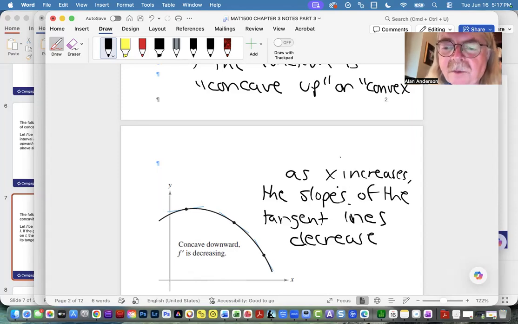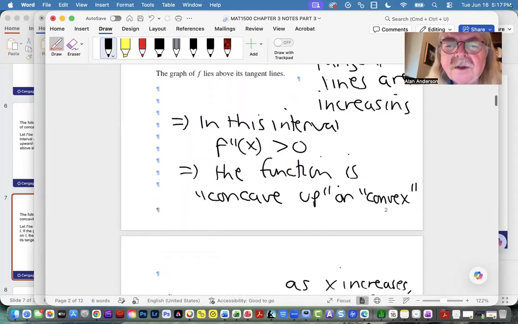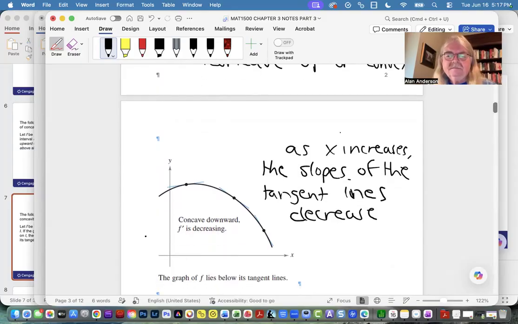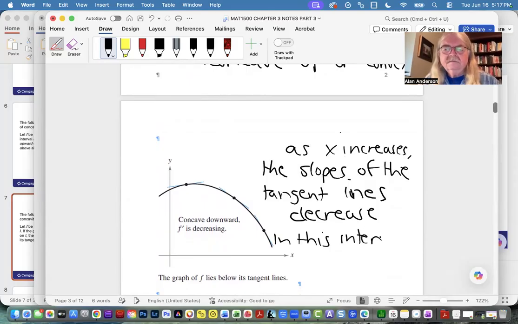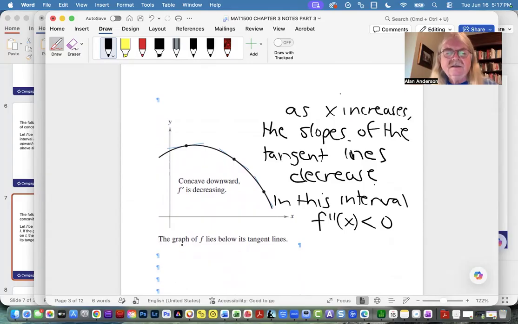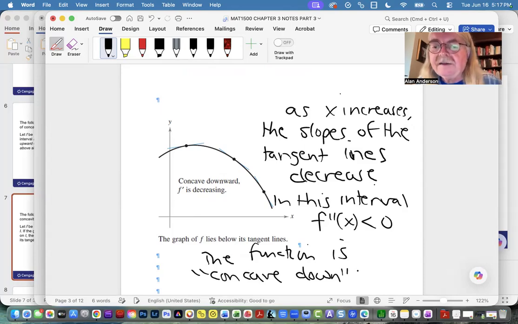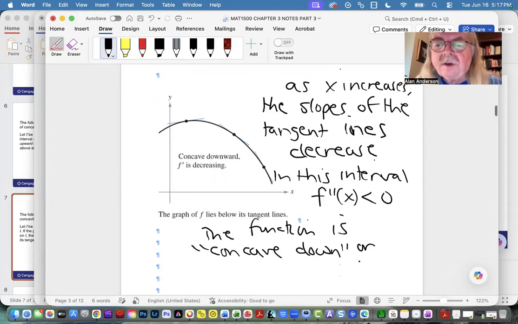In this case, they become more negative. And as a consequence, the second derivative is negative, and we say that the function is either concave down, or some books refer to it very simply as concave. So just be aware of that.